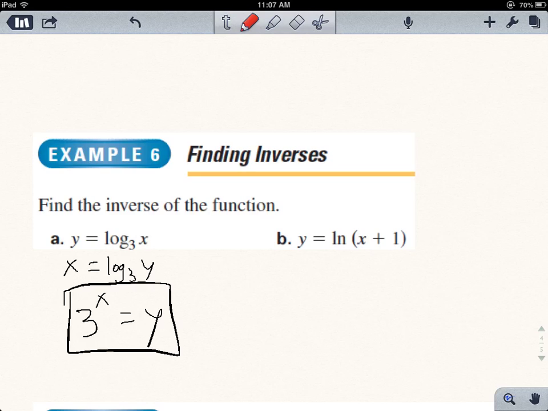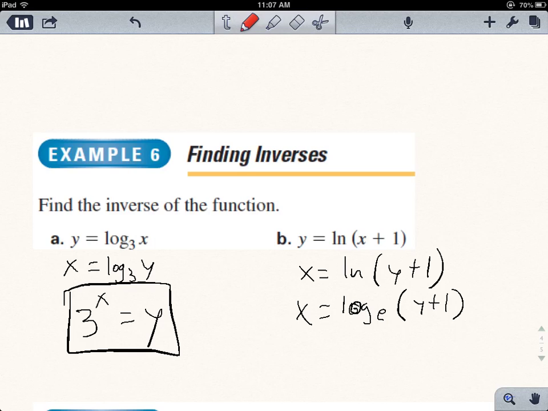Okay? Over here you have the natural log of x plus 1 equals y. So again, we want to say x equals the natural log of y plus 1. And then we need to say, okay, well, this is saying log base e of y plus 1 equals x. So really what you have is e to the x equals y plus 1.